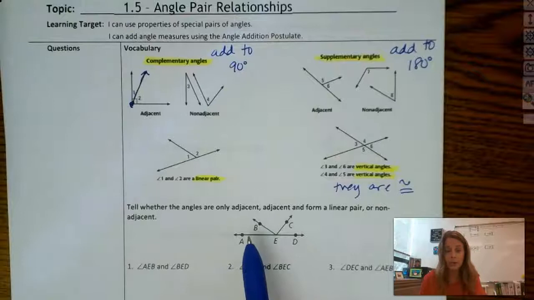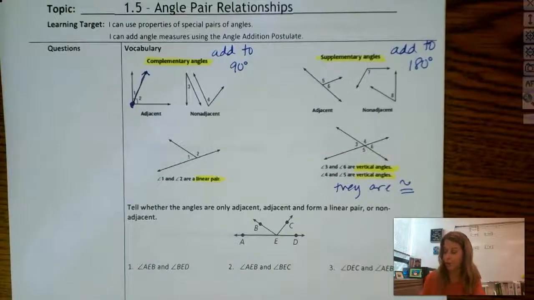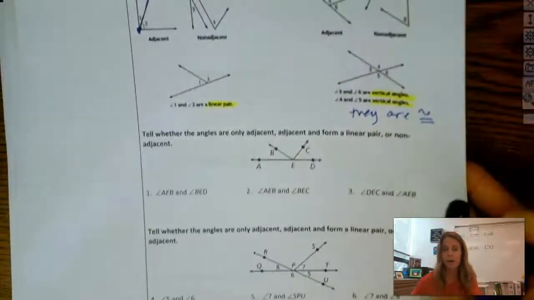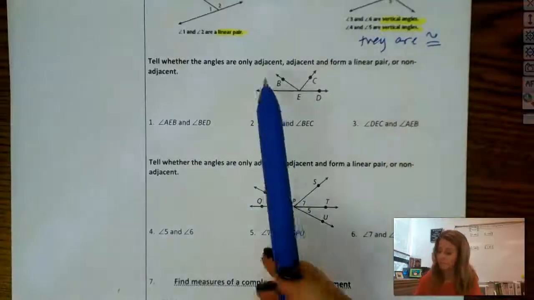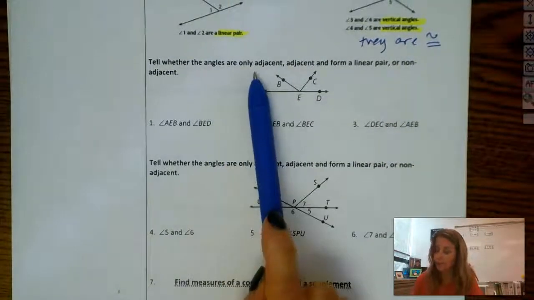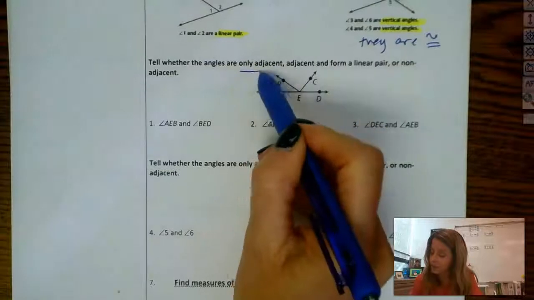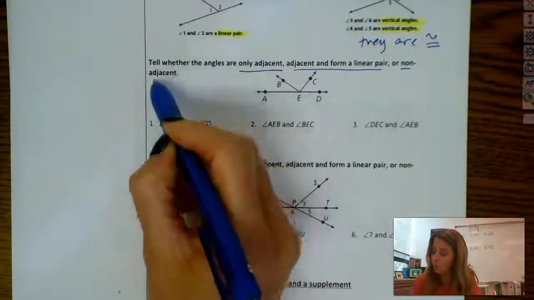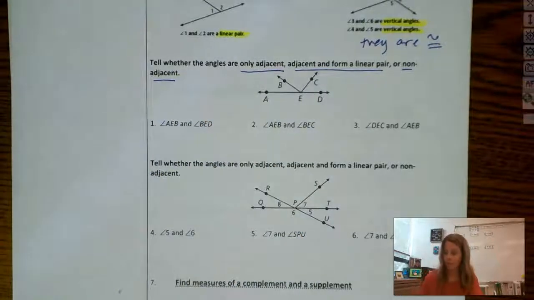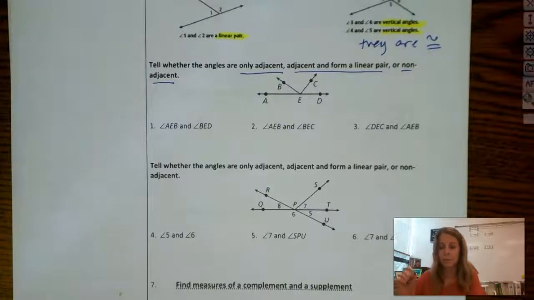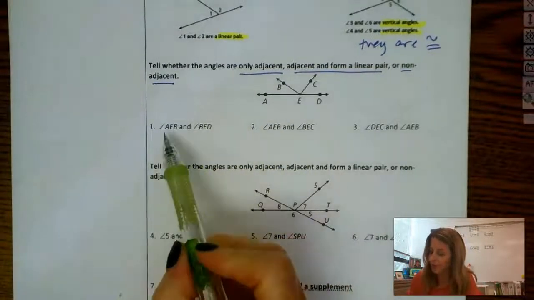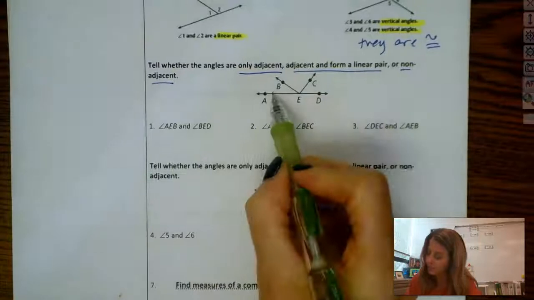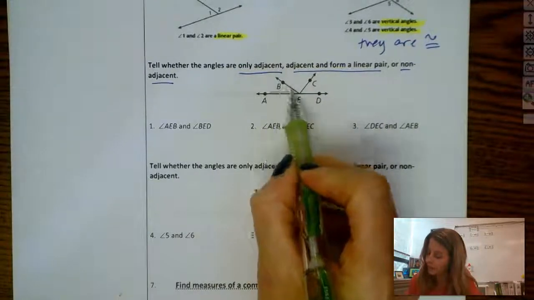Okay, let's work on the terms adjacent, linear pair, some of this vocabulary. Tell whether the angles are only adjacent, adjacent and form a linear pair, or non-adjacent. I think I'm going to use my pencil so I can erase and draw on this picture for each example. Angle AEB is this angle right here.